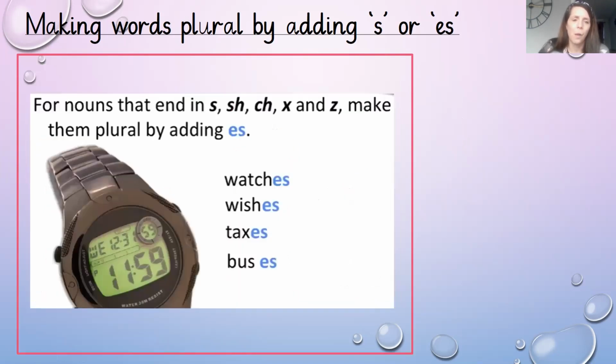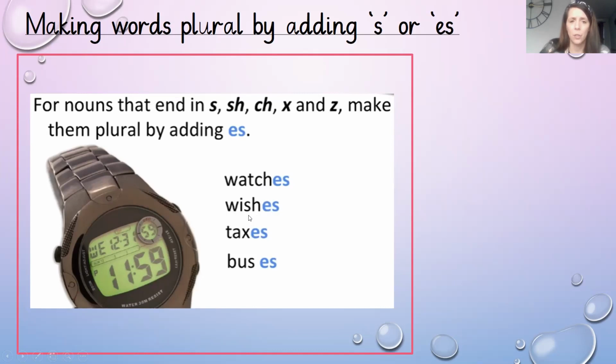However, for words that end in S, sh, ch, x, and z, you make them plural by adding ES. So for example, watch ends in ch, so we add ES, watches.